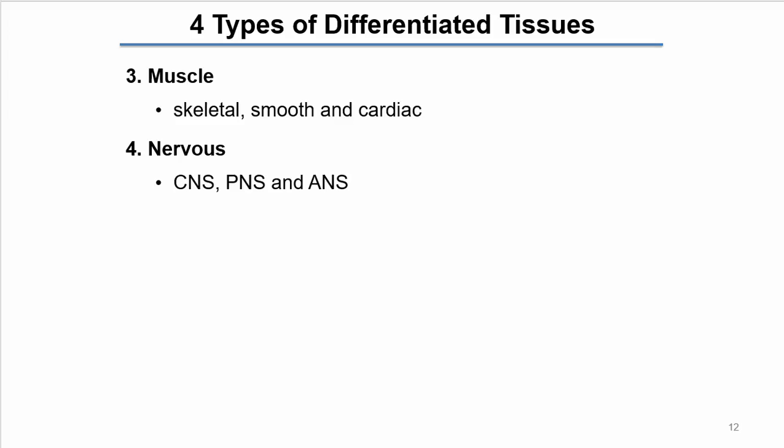Now we need to just have taken this review because the next few definitions are going to depend on understanding that. Now, within each one of these primary tissue types, there are subtypes.